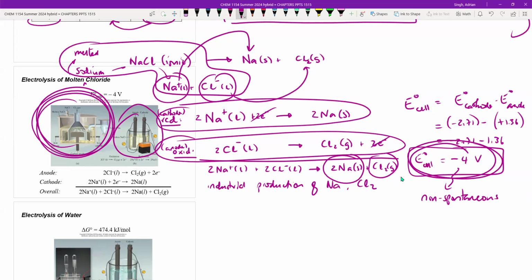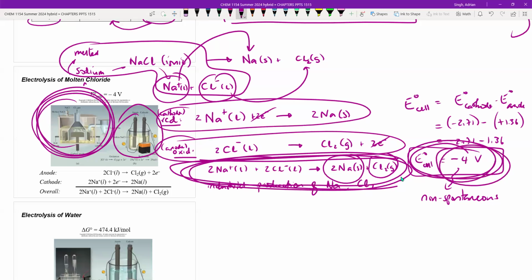Because as it's written now, that's not going to happen on its own. It's actually spontaneous in the other direction. So in order to make this non-spontaneous process happen, we need to provide this amount of potential in order to drive it in that direction.